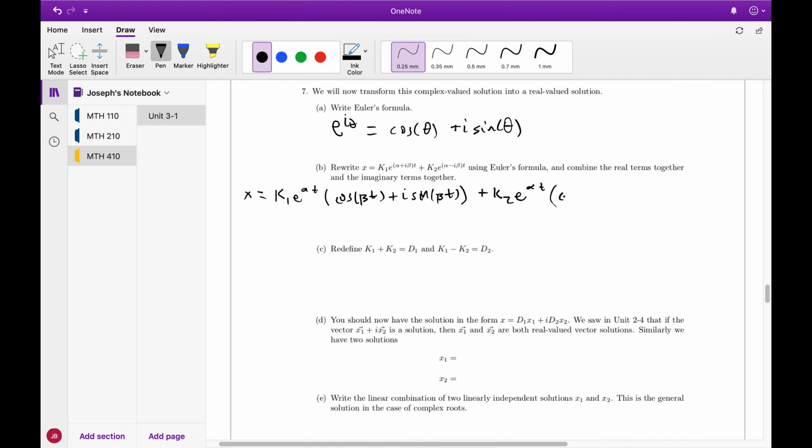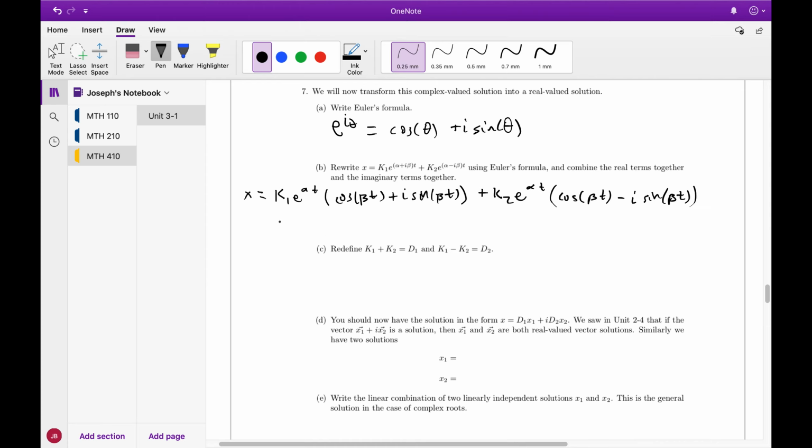And now technically what we get is cos minus beta t, but cos is an even function, so minus beta t is just the same as beta t. And we would then get plus i times sine negative beta t, but sine is odd, so that negative actually can move out, and you get minus i sine beta t.